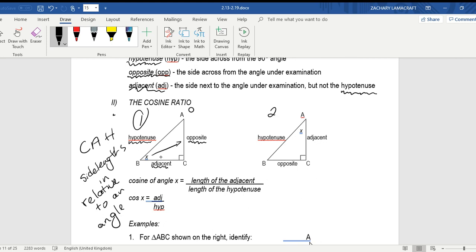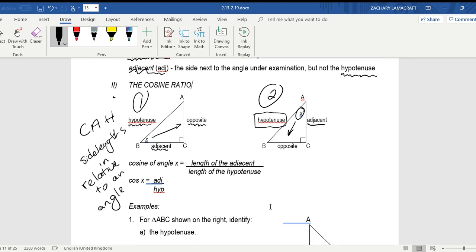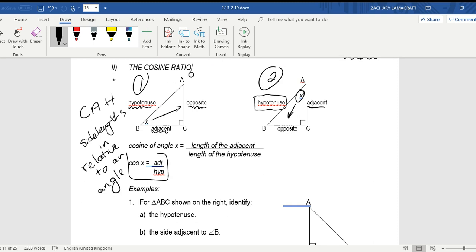And if we look at triangle 2, ABC, we know the exact same thing. The hypotenuse stays the same, but the angle in question is different. So the one across from it is now the opposite, and the one beside it here is the adjacent. So nothing's changed. We're just looking at the cosine ratio now, and that is described by cos x equals adjacent over hypotenuse, or that is where we get CA.